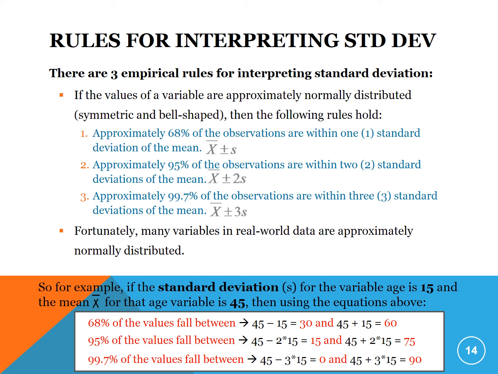Somebody inputted the information wrong, because someone can't be negative 3 years old, and someone is possibly 110 years old, but we would want to check that and make sure that's actually valid, and that we didn't accidentally type 115 instead of 15, right? So that's how we interpret standard deviation.